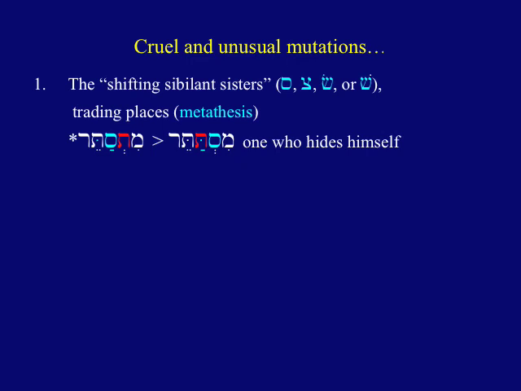So for the participle hithpael form of root samek tav resh, to hide, we expect a form mitsater. But the mouth finds it easier, instead of saying mits, to say mist, to put the sibilant first.